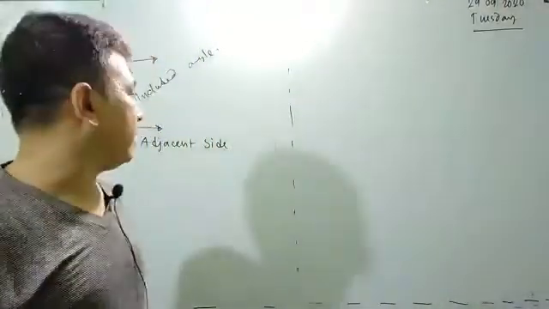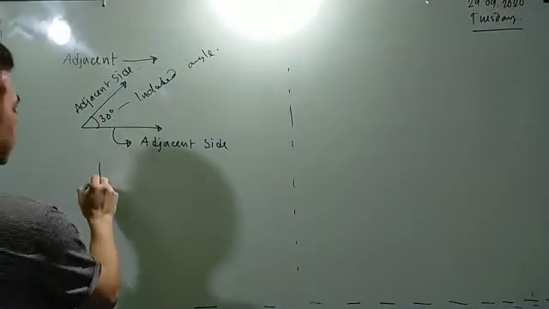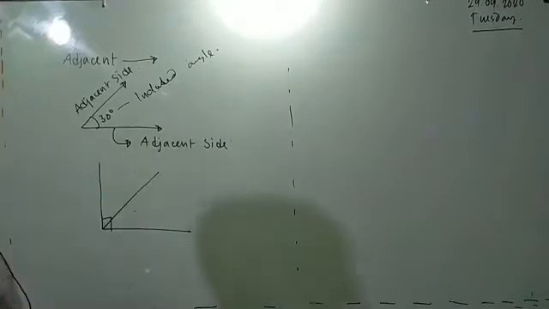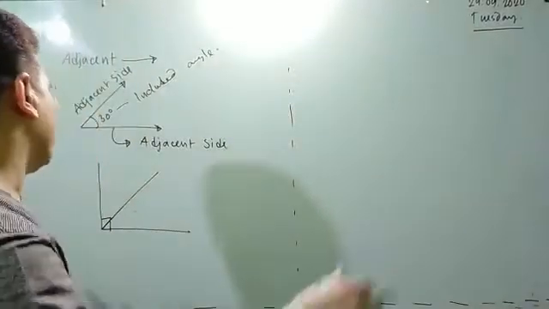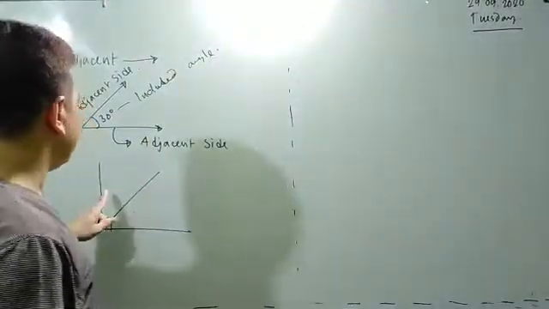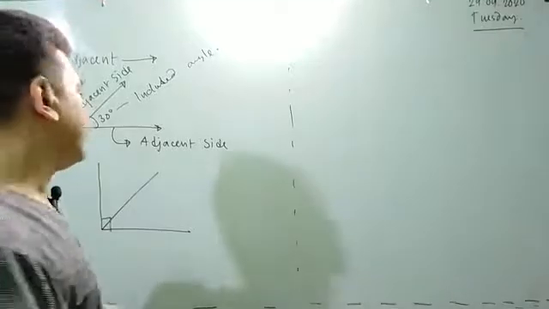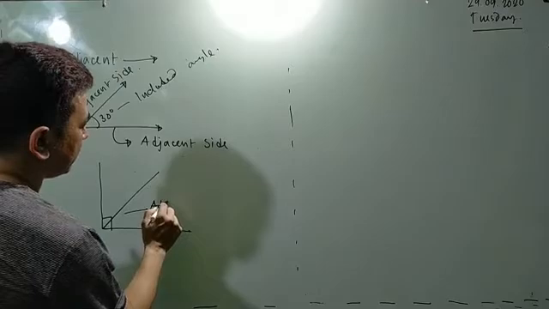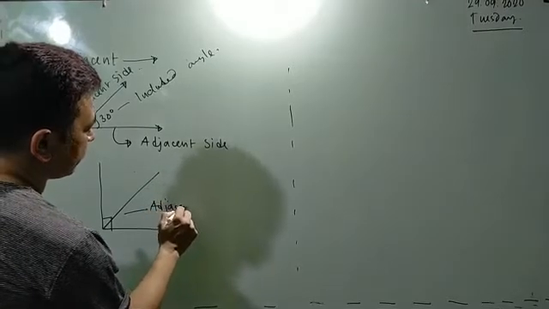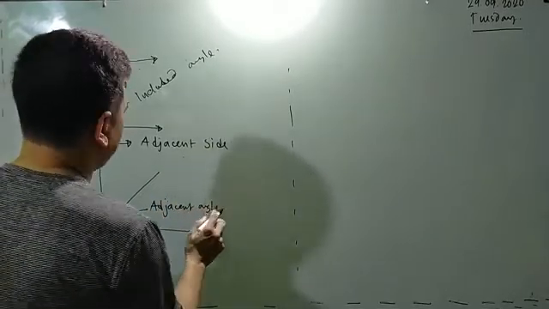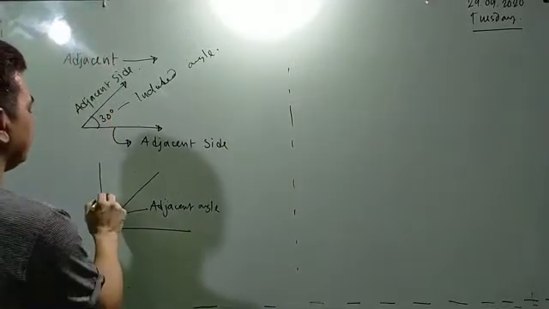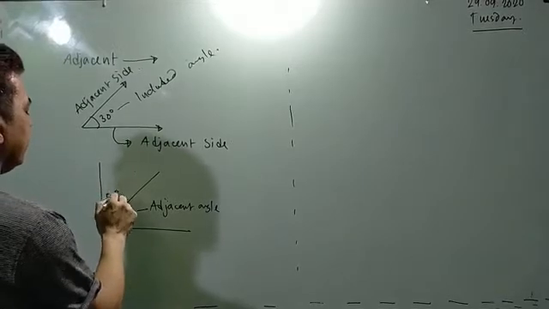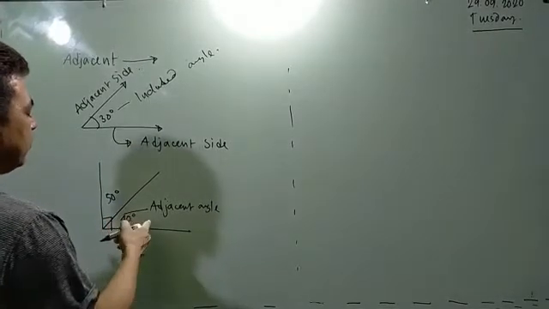Okay, what is an adjacent angle? For example, this one is 90 degrees. If you divide this 90 degrees into two angles, equal or unequal, no problem, for example, this one is 50 degrees and this one is 40 degrees, then this one is the adjacent angle of this one, and this one is also an adjacent angle.